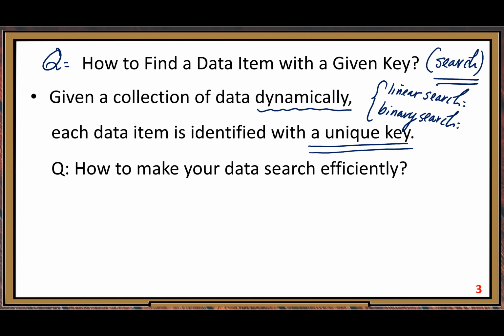We have to sort the data based on the given key. Then you can apply binary search. Before you sort it, you cannot apply binary search. For linear search, the efficiency is big O of n, and for binary search, big O of log n. That's what we have so far.